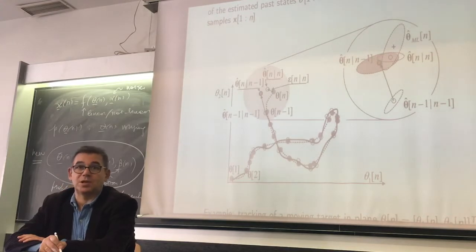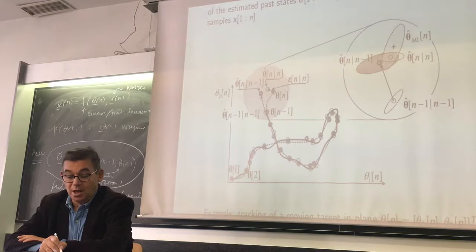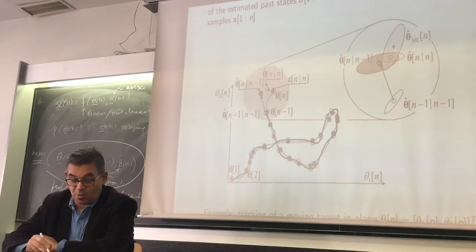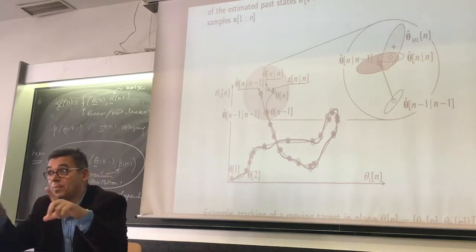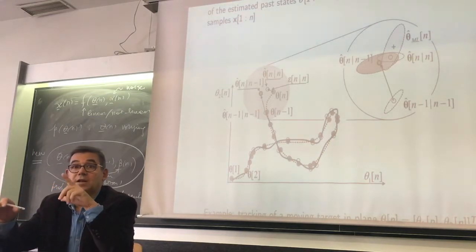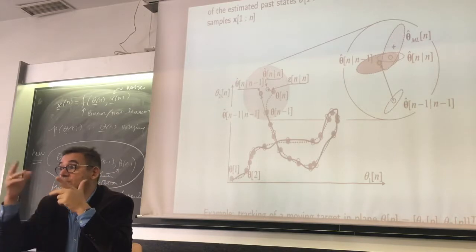Now, this is the Bayesian tracking. Bayesian tracking is that I'm tracking the position of the target. My set of parameters is theta 1 and theta 2, which are the two coordinates of the point in the plane.